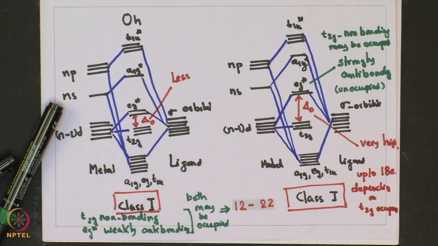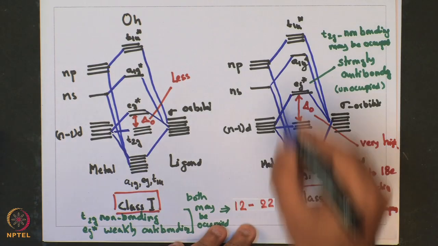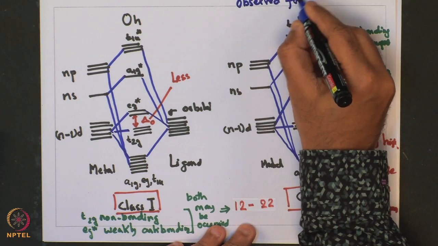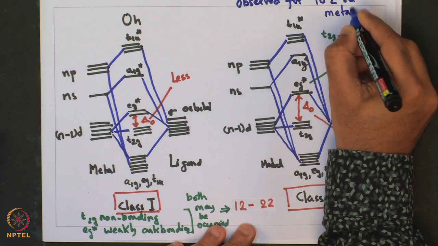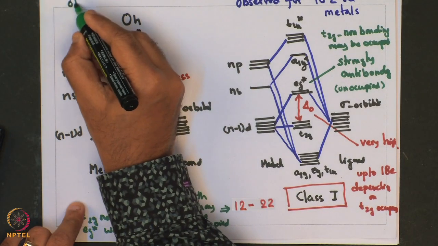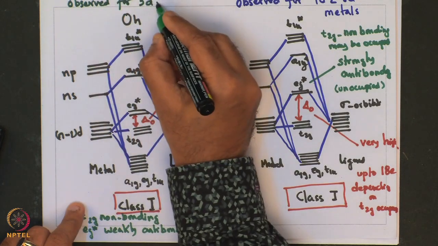The metals which belong to class 2 compounds are generally 4d and 5d metals, whereas class 1 is observed mainly for 3d metals.